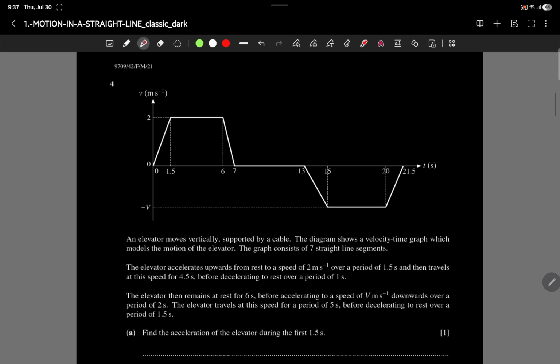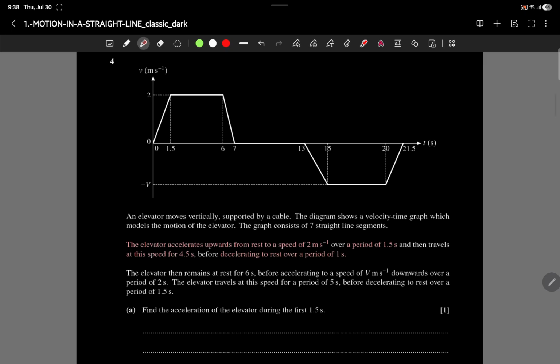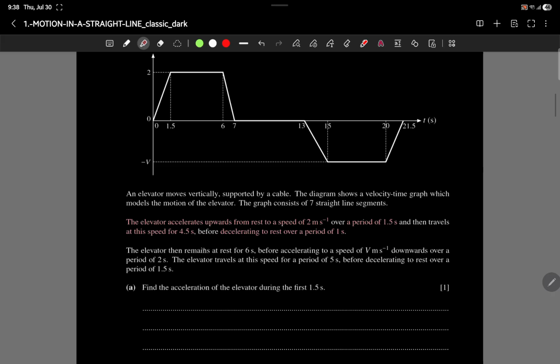The elevator accelerates upwards from rest to a speed of 2 over a period of 1.5 seconds and travels at this speed for 4.5 seconds before decelerating to rest over a period of 1 second. The elevator then remains at rest for 6 seconds before accelerating to a speed of v downwards over a period of 2 seconds. The elevator travels at this speed for a period of 5 seconds before decelerating to rest over a period of 1.5 seconds.